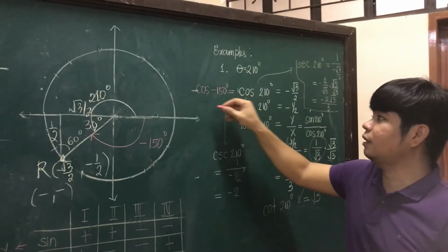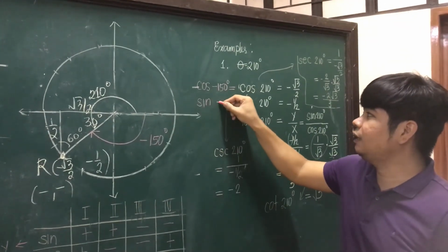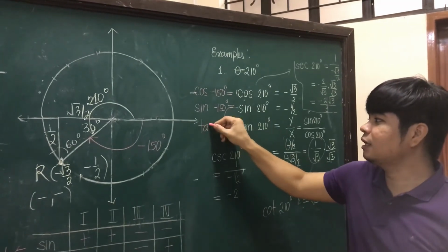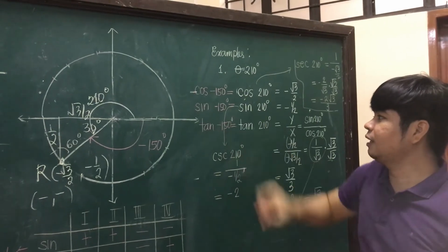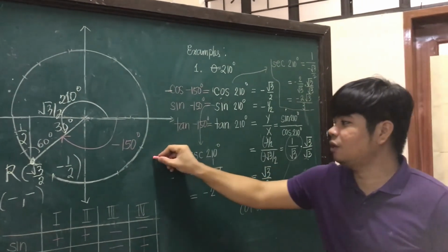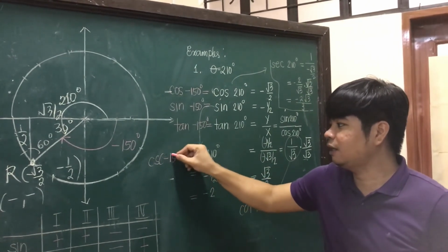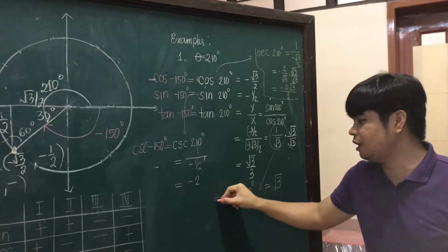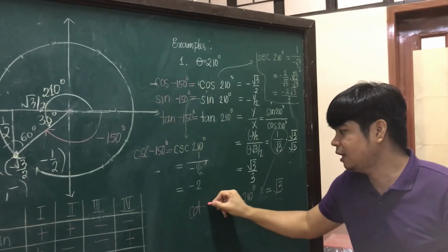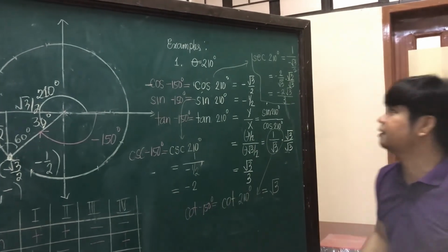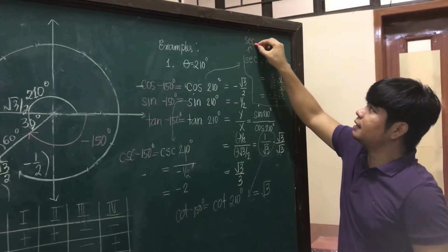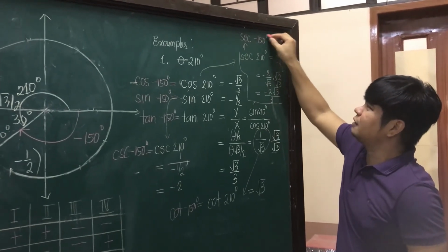It also follows that sine 210 degrees is equal to sine negative 150 degrees, and also tangent negative 150 degrees, cosecant negative 150 degrees. Cotangent 210 degrees is also equal to cotangent negative 150 degrees, and also secant 210 degrees is secant negative 150 degrees.